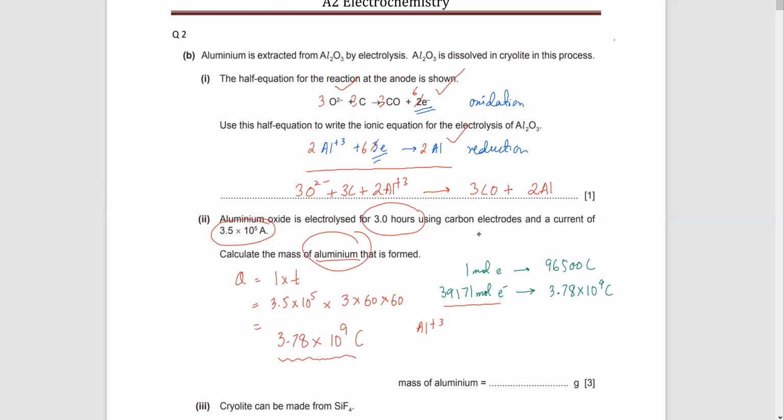We wrote down that aluminium ions need 3 electrons to form aluminium. So it's 3:1. You have 39,171 moles of electrons, so the moles of aluminium produced are 39,171 divided by 3, which gives 13,057 moles.